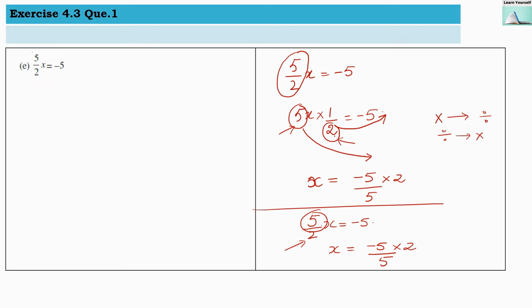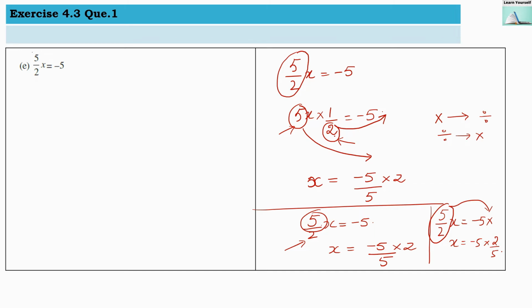We can also say that when the fraction goes to the other side, we multiply the other side by its reciprocal, that is 2 by 5. All the methods are correct and you can choose whatever method you want, but your result at the end will be the same.